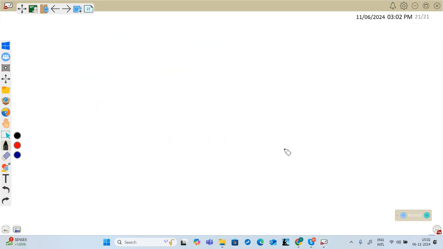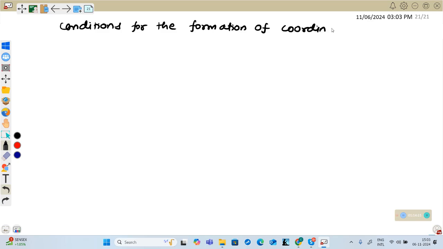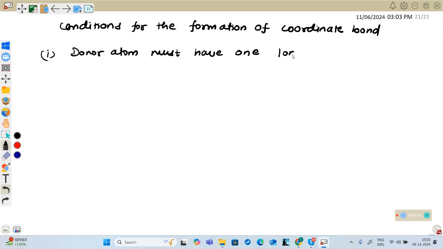Now what are the conditions for the formation of a coordinate bond? First, the donor atom must have one lone pair of electrons to donate.